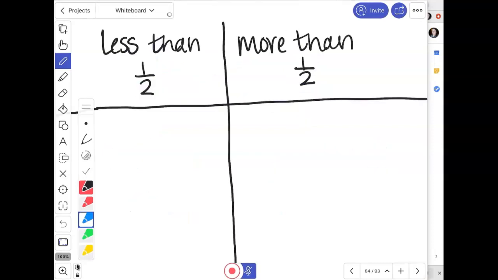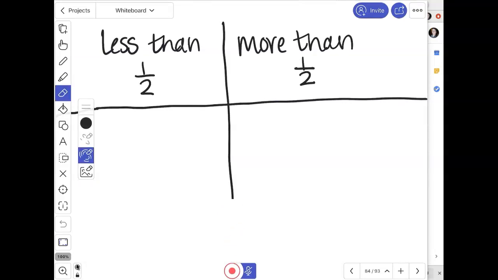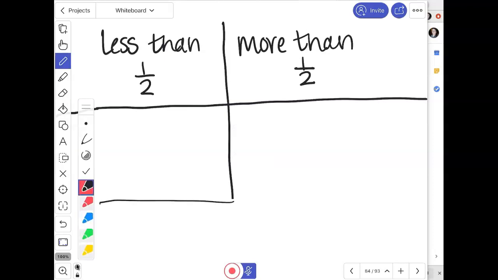Now, the way I did that was that I always compared to 1/2. So it's helpful for me to be able to look at a fraction and say, is that more than 1/2 or less than 1/2? For example, let's say I have some fractions. Let's say 2/8.